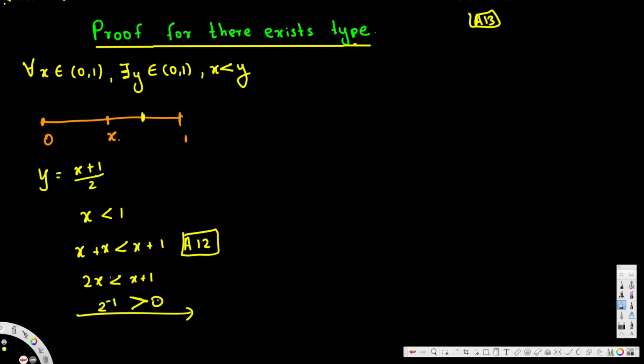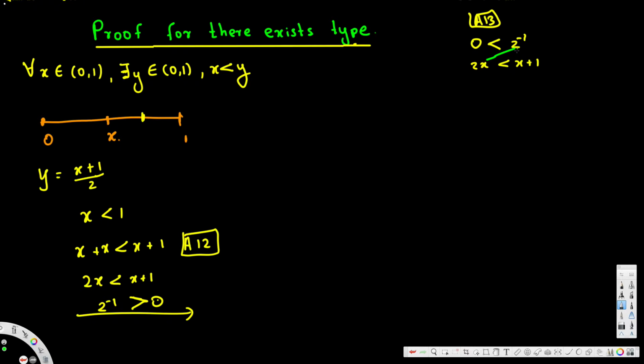I write the general pattern. The easy way is you put the less than first. So here we have 0 is less than 2 to the power minus 1. And also here we have 2x, that is less than x plus 1. And what you do is you cross multiply like this.